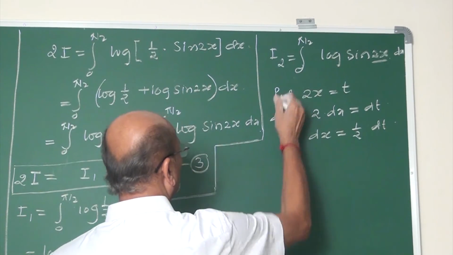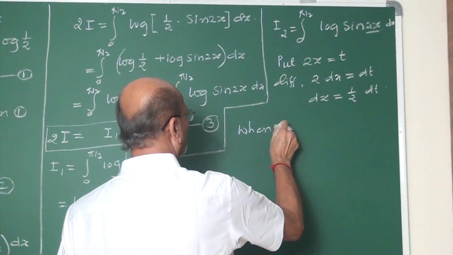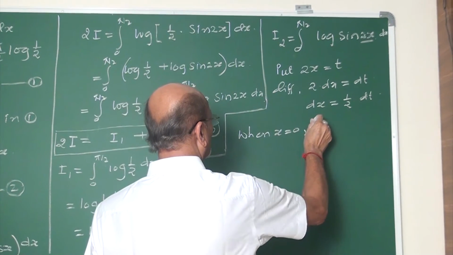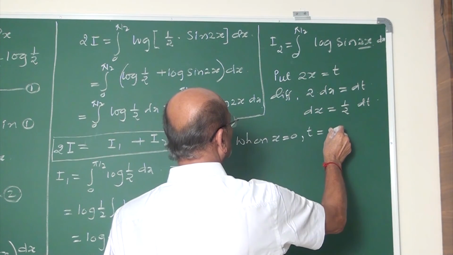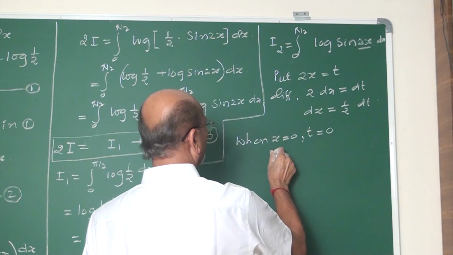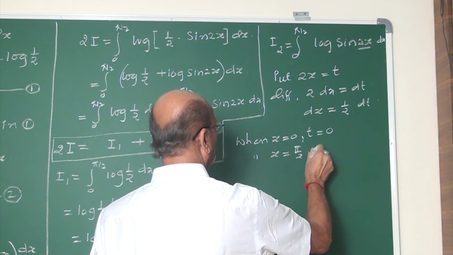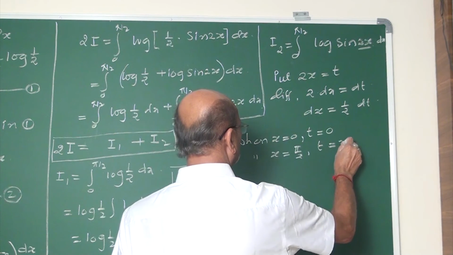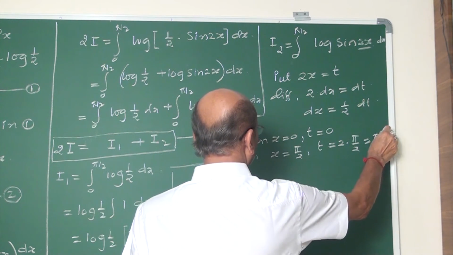Find the limits. When x is 0, what about your t? t is 0. Now when x is pi by 2, t is 2 into pi by 2, which means you have pi here.